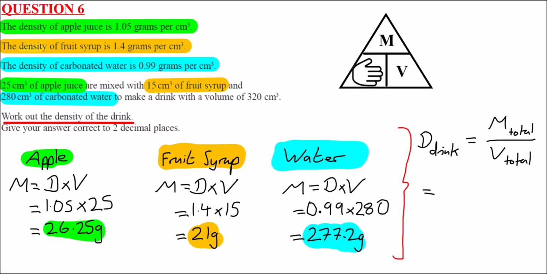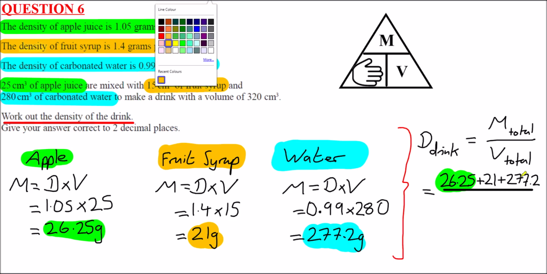So the total mass of this drink is going to be the mass of apple, which is 26.25, plus the mass of fruit syrup, which we worked out as 21, plus the mass of water, which is 277.2 grams. So just to recap, that's what we worked out the mass of apple was.